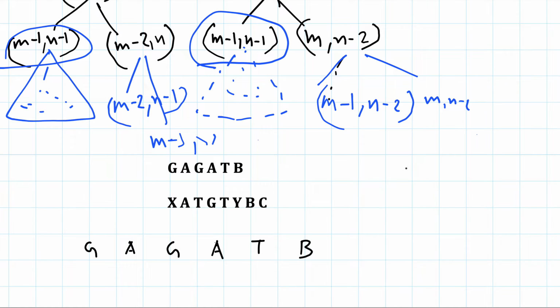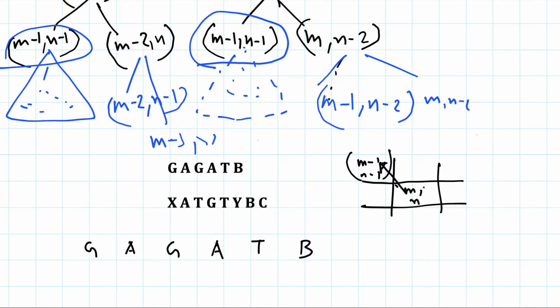So here the value of any cell at index m, n, or rather take it m, n: if the characters are the same, then we will move to m minus 1, n minus 1, this cell, that is diagonally up.